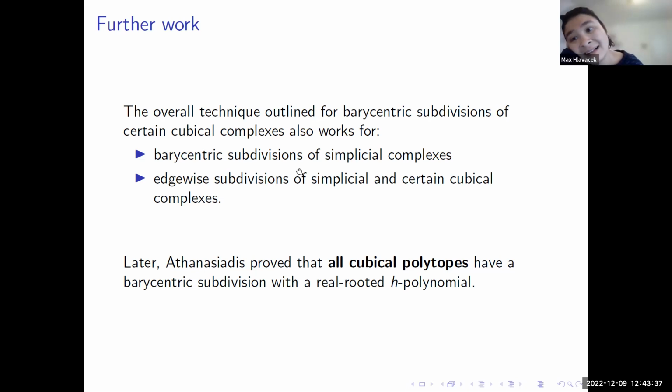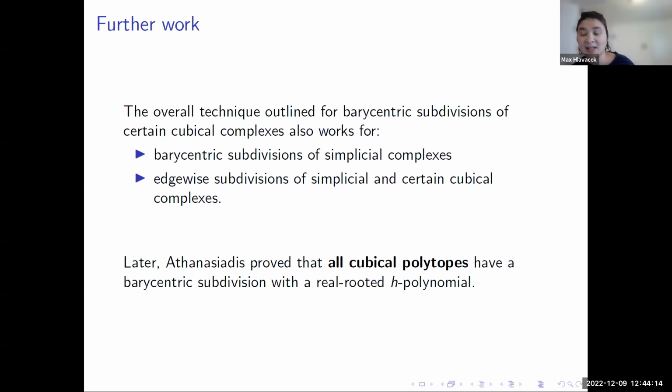And then there is a different kind of combinatorial subdivision called an edgewise subdivision, where you subdivide things by taking a bunch of lines parallel to the edges and chop things up in that way. And for the edgewise subdivisions of simplicial complexes and certain cubical complexes, the ones that admit a stable shelling, this method also works.